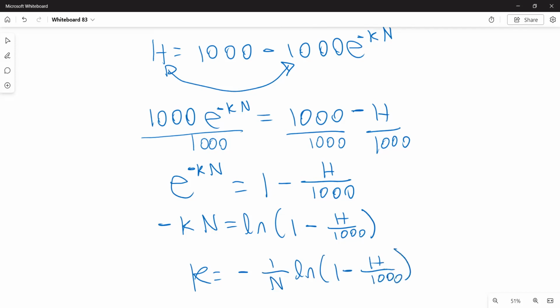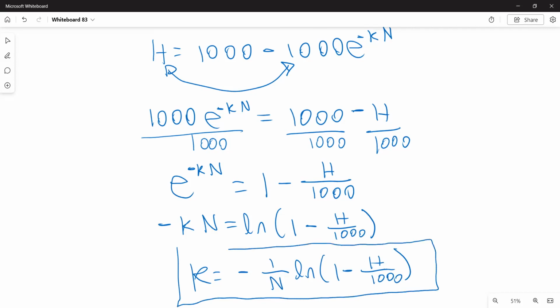Okay, so that's the expression in simplest form. I could use the properties of logarithms, like bringing the 1 over n as an exponent and converting it to the nth root, but that's not going to make things simpler. So we can just keep it like that.